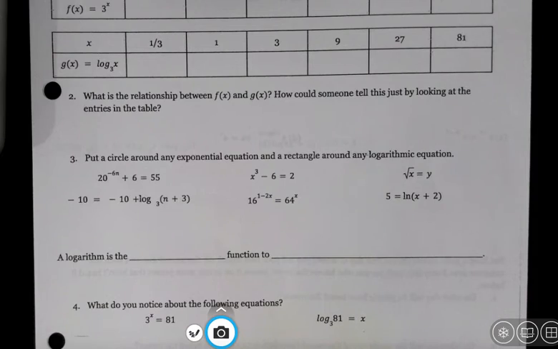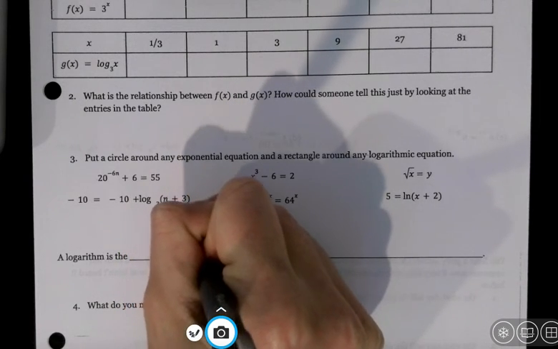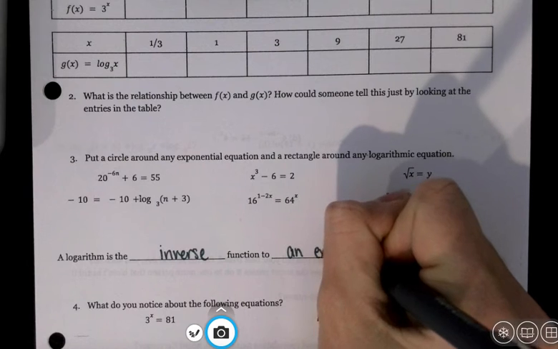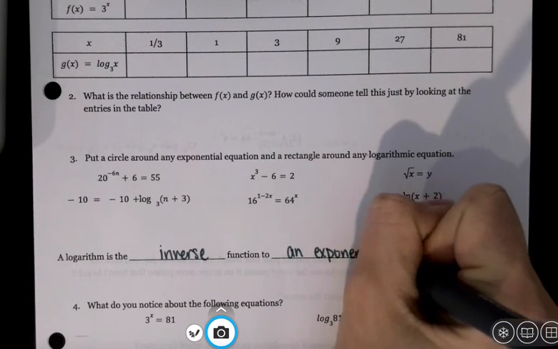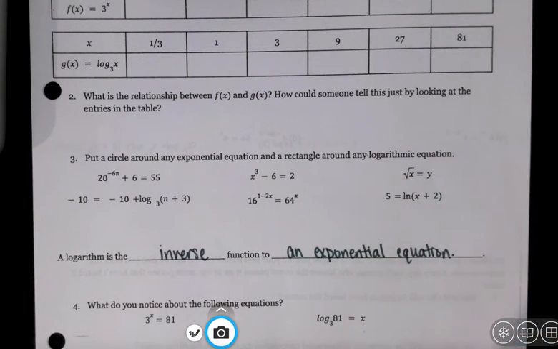So the takeaway from this exploration was that a logarithm is the inverse to an exponential equation. And if a log is an inverse to an exponential, that means an exponential is also an inverse to a log.